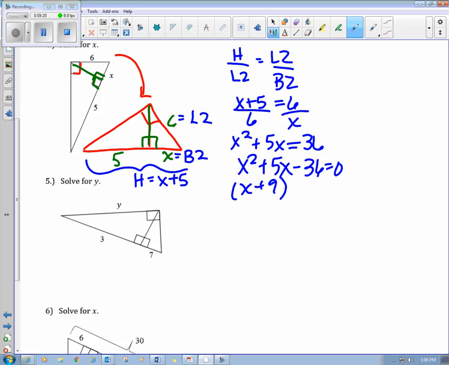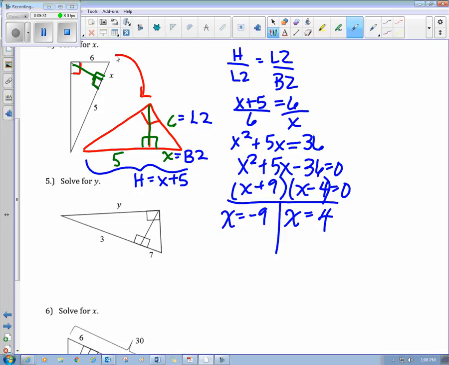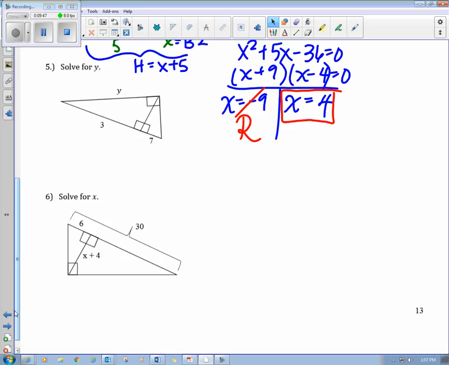So x plus 9, x minus 4. So x equals negative 9, and x equals positive 4. Can't have a negative length, so clearly this one turns out to be rejected. Our final answer for x is going to be 4. Be careful, because sometimes you have to take that 4 and substitute back in. Make sure you're answering the question that they've put in front of you.